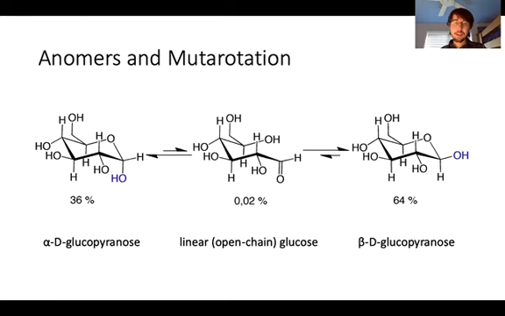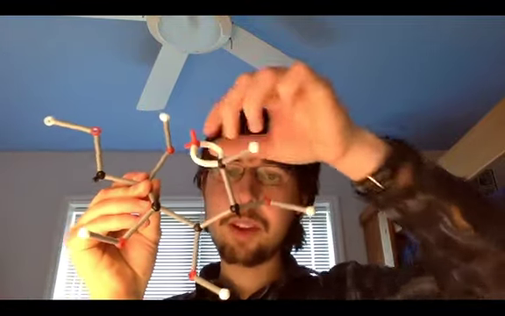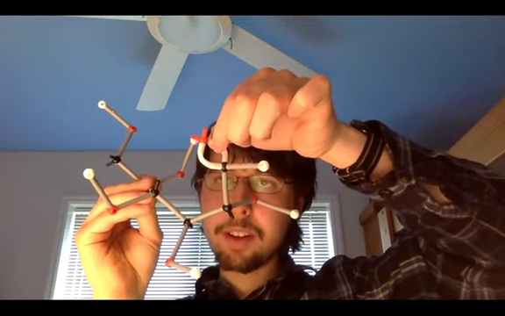And so these molecules can interconvert rapidly, and I'm going to show the mechanism of how they can do that using this model of glucose. So here it's in the linear form with the aldehyde group on carbon 1.